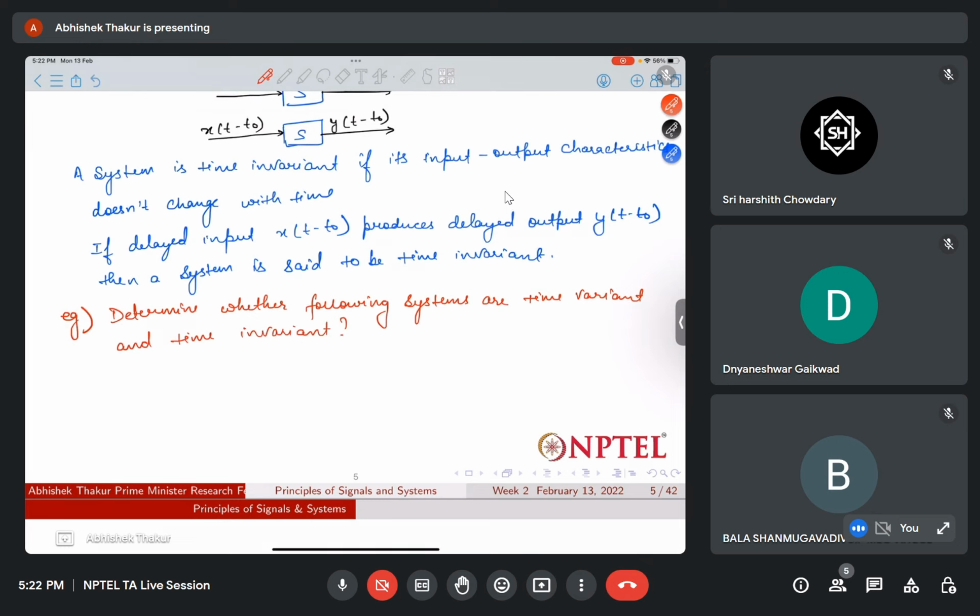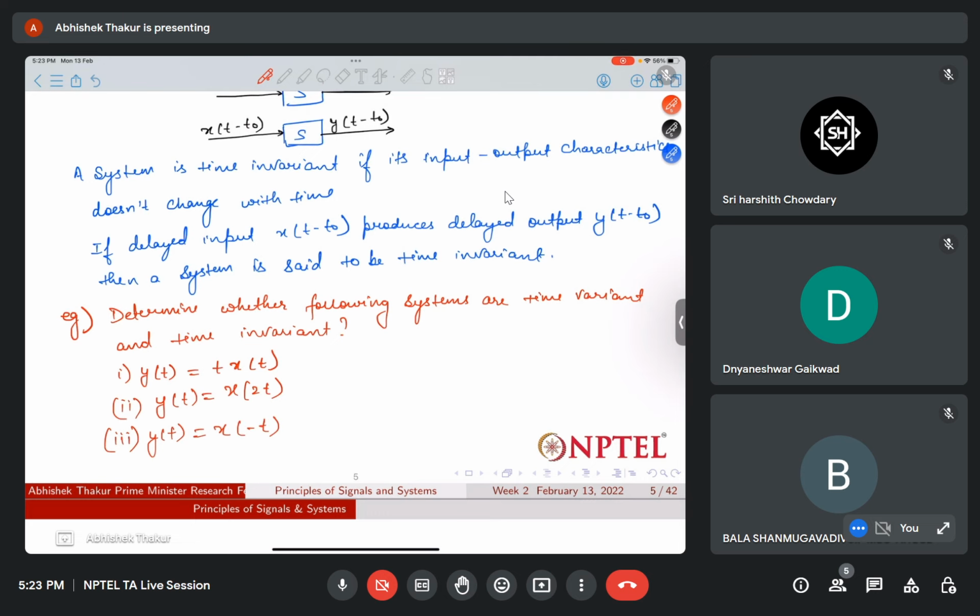So the first example is y(t) is equal to t x(t), and let's take the second one, y(t) is equal to x(2t), and let's take one more example, that is y(t) is equal to x(minus t).